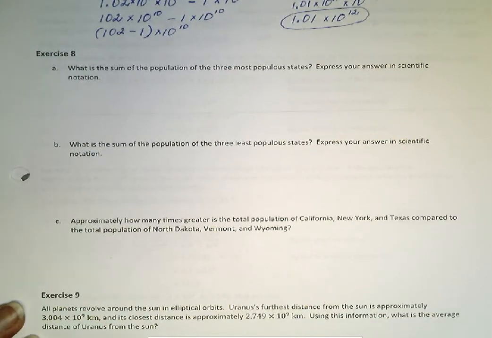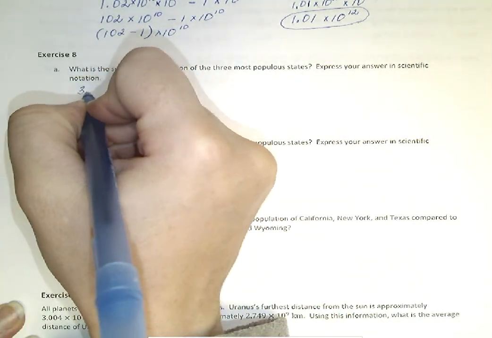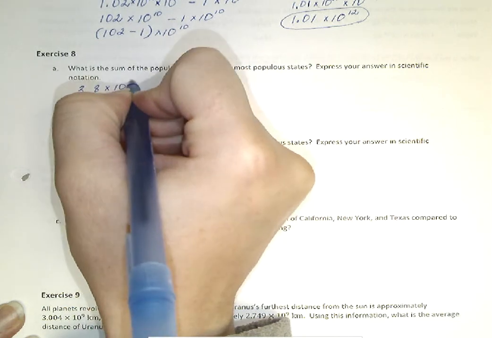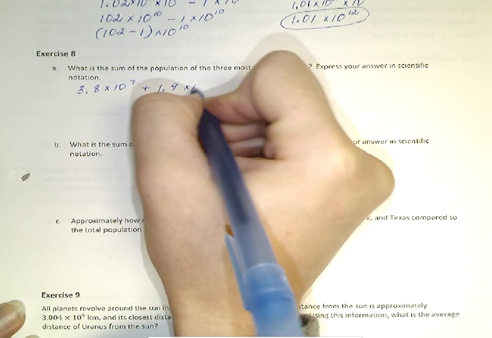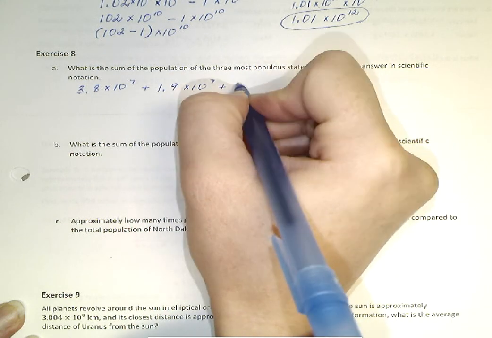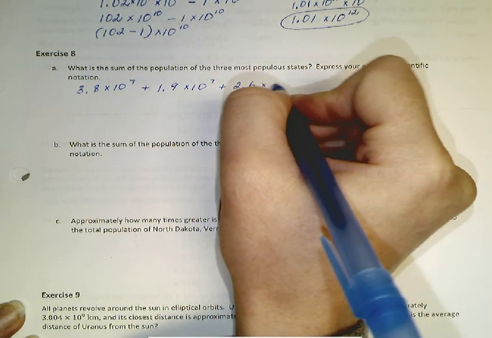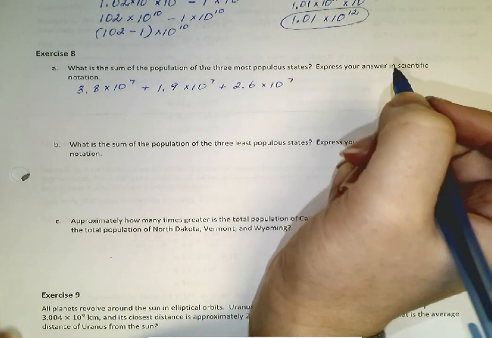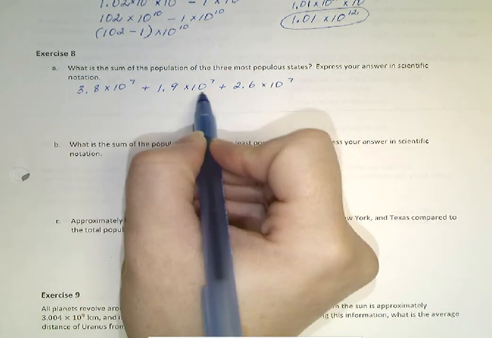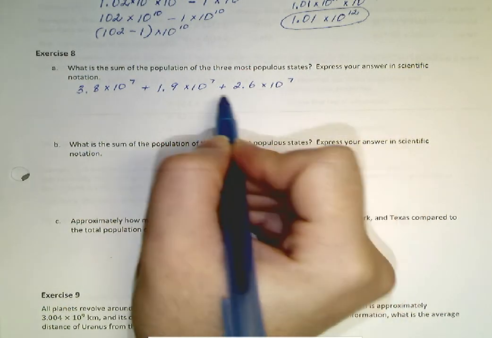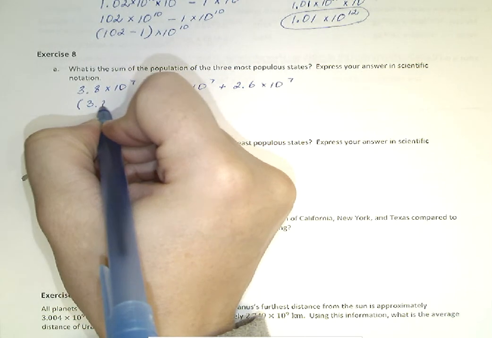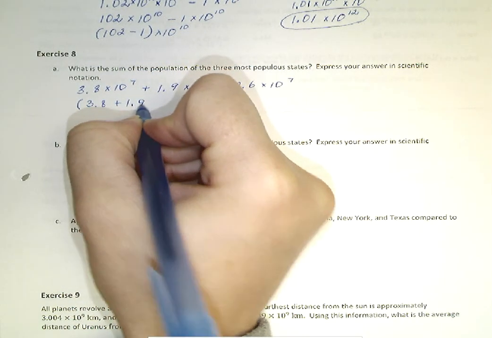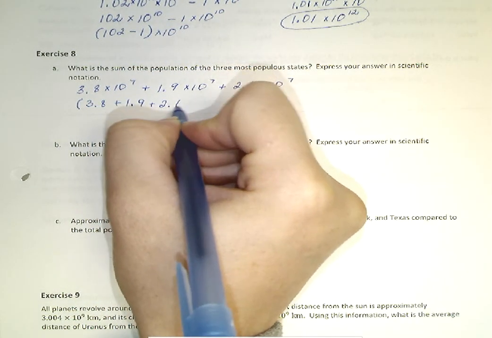Okay, so I'm combining 3 and 8 tenths times 10 to the 7th plus 1 and 9 tenths times 10 to the 7th plus 2 and 6 tenths times 10 to the 7th. All of the powers of 10 are the same. So I can put 10 to the 7th outside the parenthesis. 3 and 8 tenths plus 1 and 9 tenths plus 2 and 6 tenths.